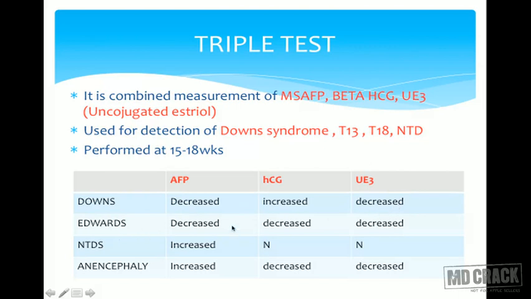In Edwards, AFP decreases, HCG also decreases and estriol also decreases. In NTDs, AFP increases, and HCG and estriol levels will be normal. In anencephaly, AFP will be increased and HCG and estriol will be decreased.